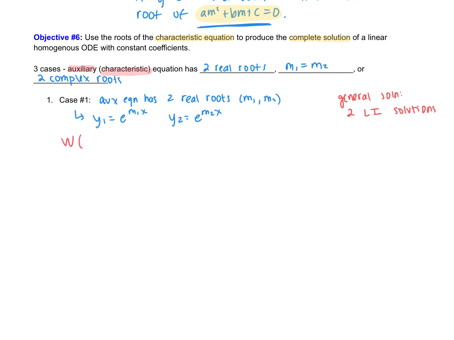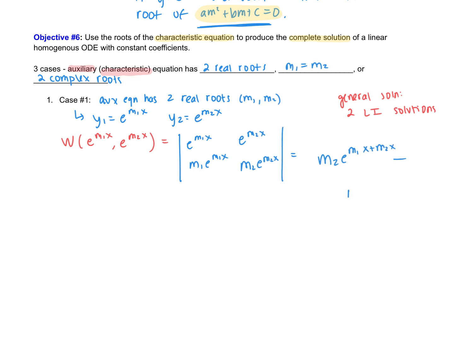So the question is, how do we determine if these two solutions are linearly independent? Well, one way we can do that is to look at the Wronskian. Remember, it's the determinant of a matrix: we have the first solution and the derivative of that one, the second solution and the derivative of that one. So we're calculating this determinant. We get m2 e to the m1x plus m2x, minus m1 e to the m1x plus m2x.